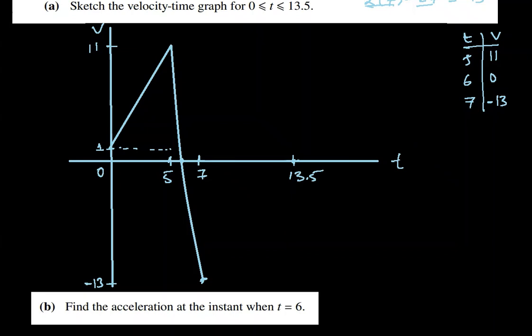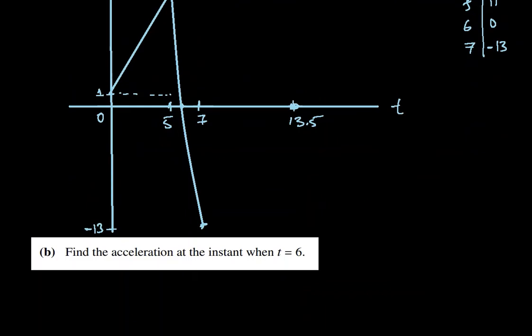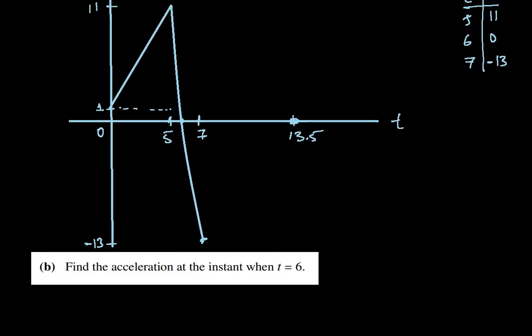Let's put 13.5 into this equation: 2 times 13.5 minus 27, which is 27 minus 27, 0. That means our graph has to stop at 0 meters per second, and it will be a straight line again. So let me draw a straight line.